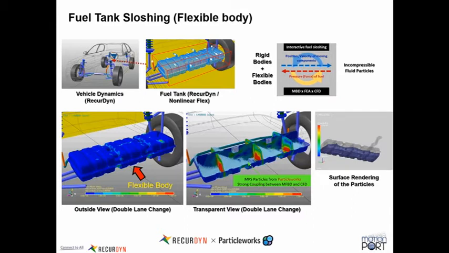In the case of some of the vehicle sloshing through the splash tank, that one model had at least 24 million particles. Sometimes the memory on the GPU can be a limitation when you have this huge number of particles like that. So in that case, the high performance computing cluster can be a good option.